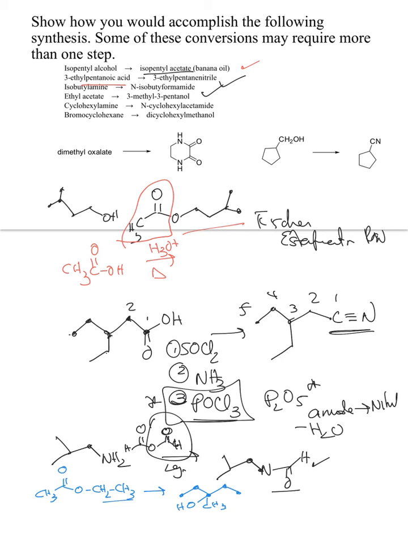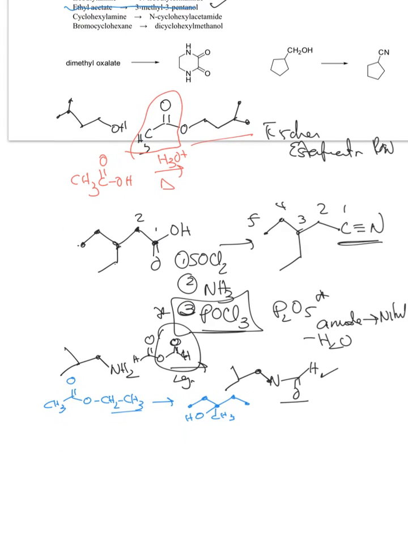Okay, so the best way to do this would be, okay, I'm not real sure on this one, so we'll just go ahead and skip that one. Go on to the next one.